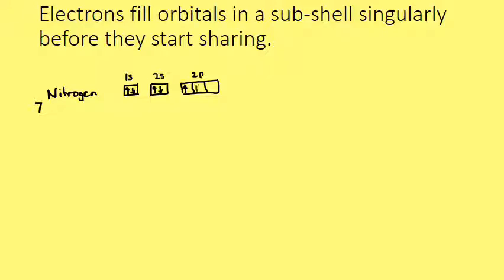So that means the 6th electron is going to go into an unoccupied orbital, and so is the 7th. You're going to get the 7th electron occupying this orbital singly, rather than pairing up with either of the other 2p electrons.